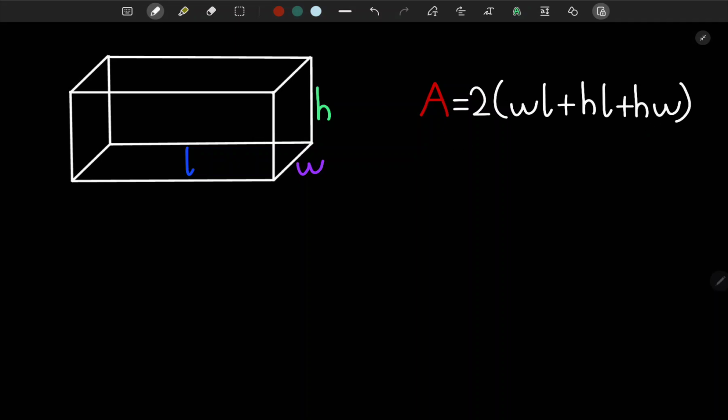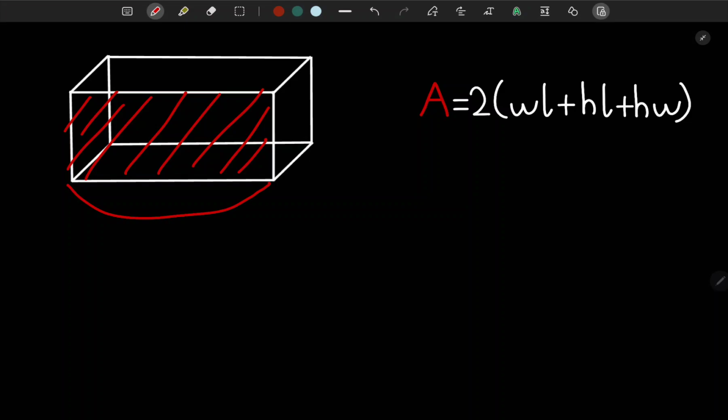And now if we just ignore the formula, all we're doing in this formula is finding areas of rectangles. I'm going to shade this rectangle and then I'll show you. So how do you find the area of the red shaded rectangle over here? The length is this part and the width is this part, right?